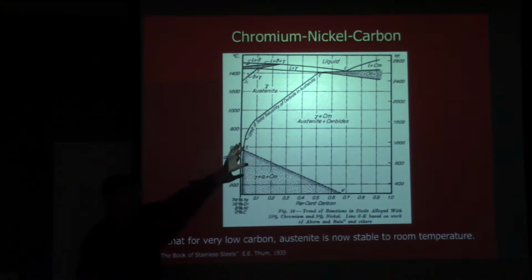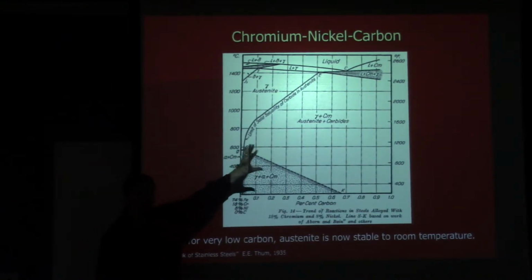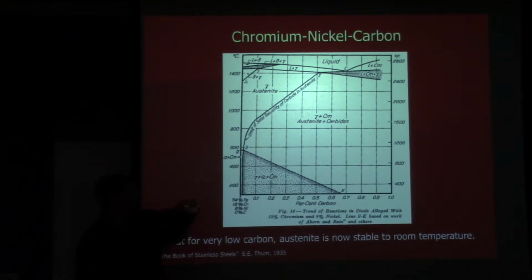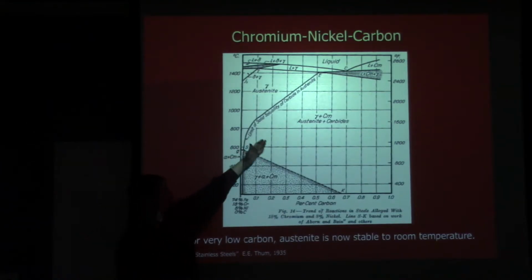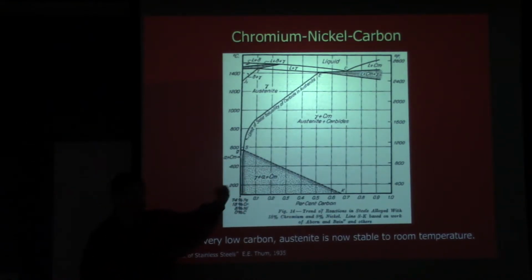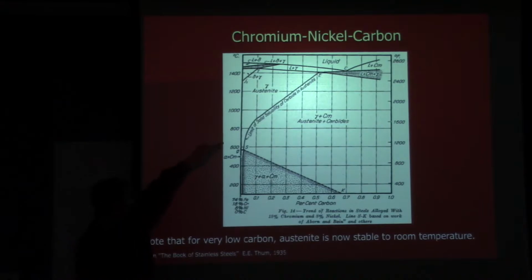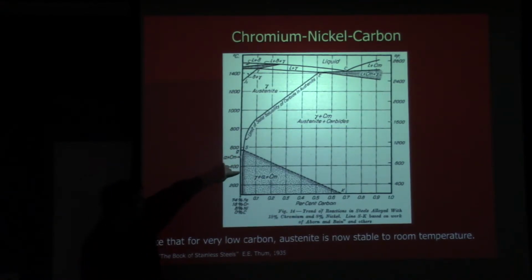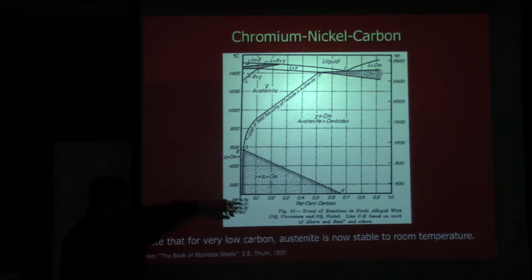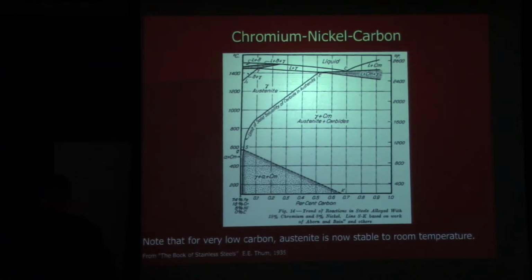The phases are the same, austenite and iron carbide, but where they're stable is completely different. The thing to note is that there's this really narrow region right along the y-axis, right down here, where you can make austenite stable all the way down to room temperature. But if you could extend this, you could see that it would be stable to sub-zero temperatures.